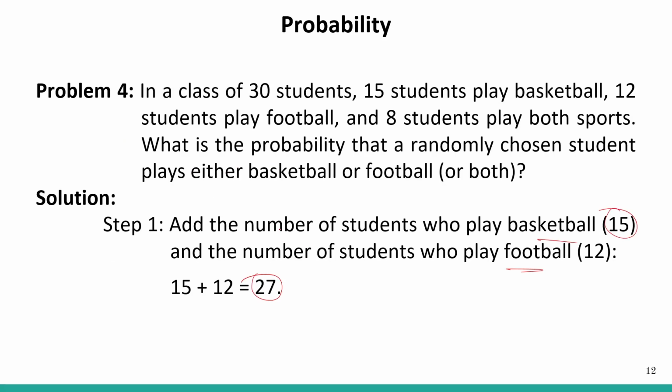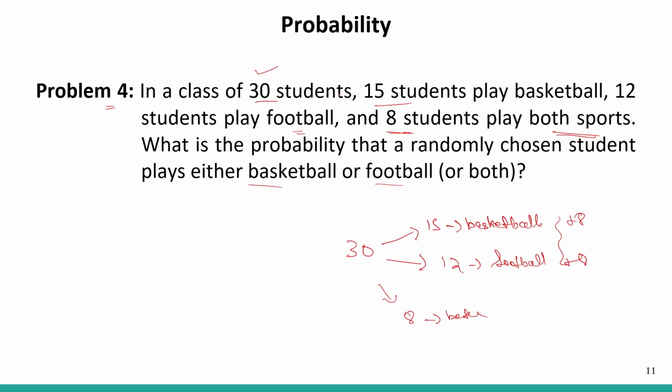We have a formula in set theory that says cardinality of A union B is equal to cardinality of A plus cardinality of B minus cardinality of A intersection B. Let's say the set A denotes basketball students, and B denotes the students that play football.